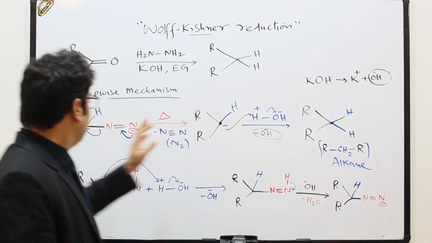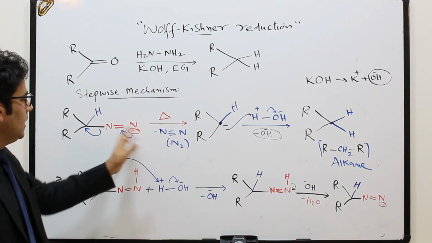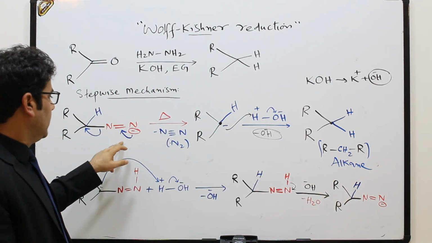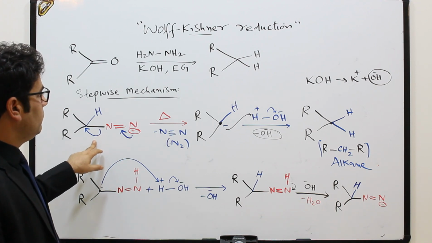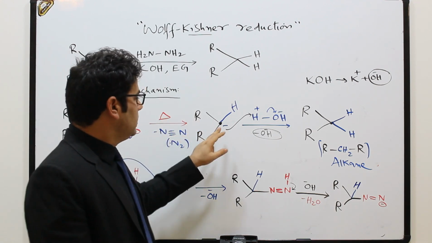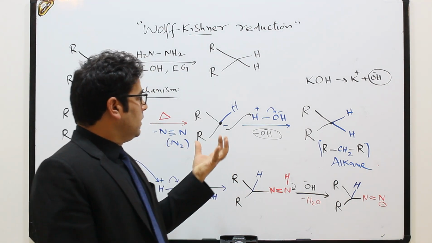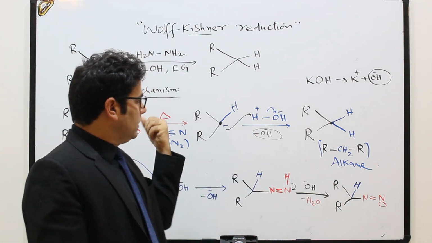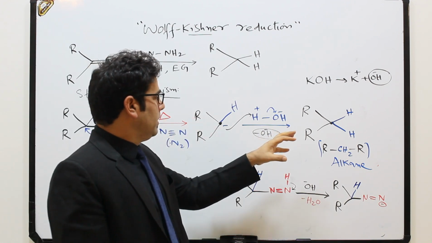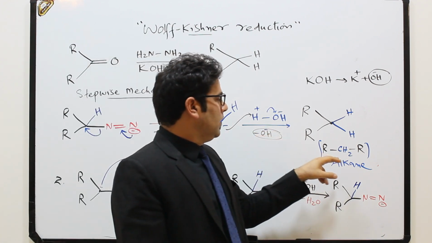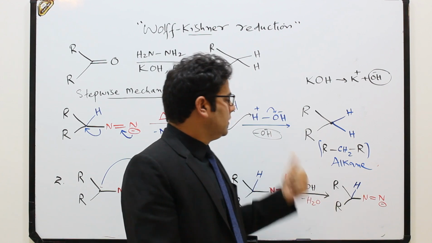If you take this molecule in the third step, after heating, it will bubble out nitrogen gas N2, and it will result in the formation of this molecule. This molecule will again attack water, and pull up the H positive and push OH minus. So there will be this molecule as the result.